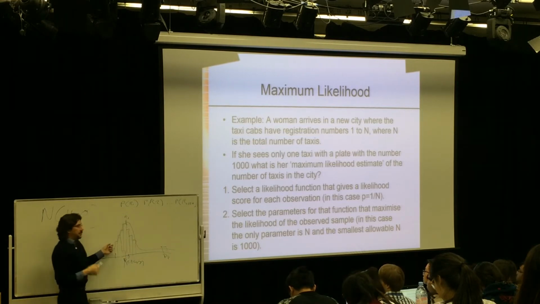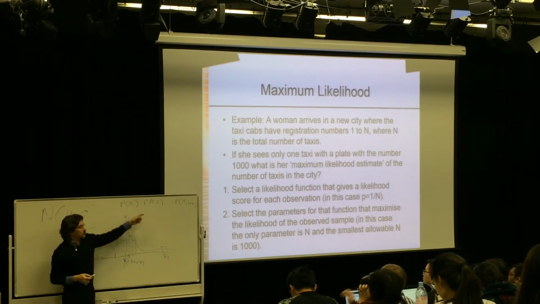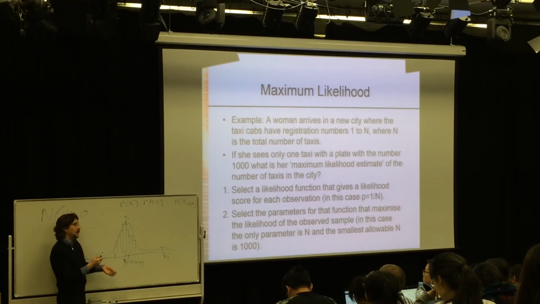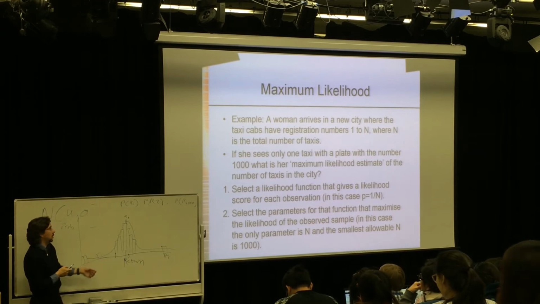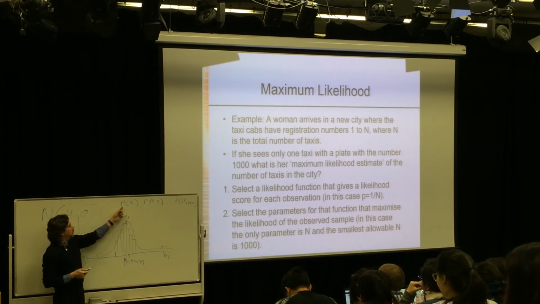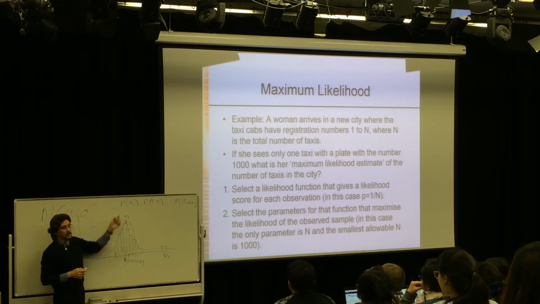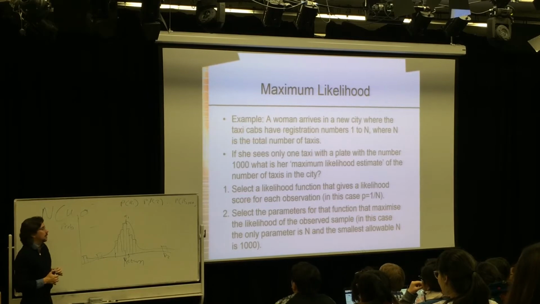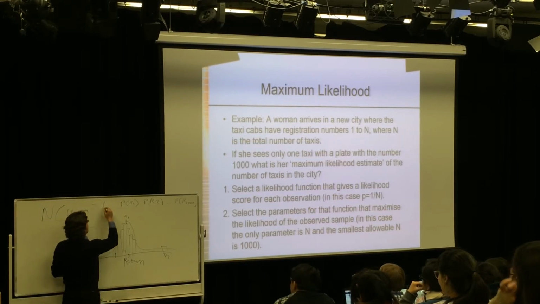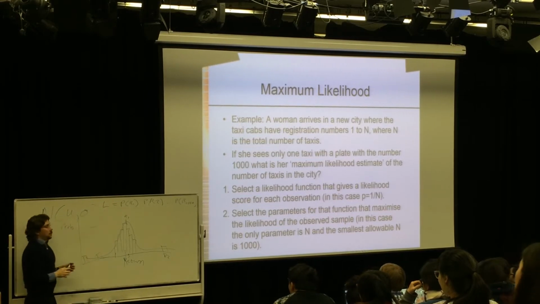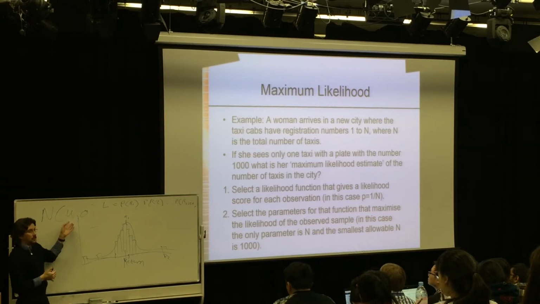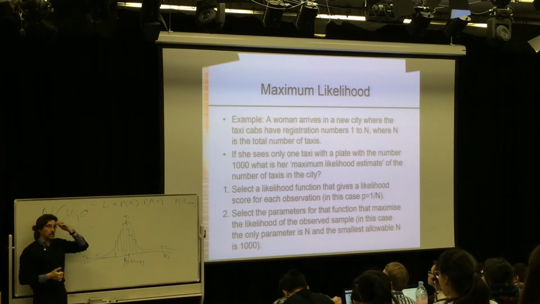The probability of seeing all of those is just the product of the probabilities. So that's a likelihood: the likelihood of seeing all of those returns. When you calculate that probability, you use a distribution. If you change the distribution, the probability will change. What you want is to pick the distribution that maximizes the likelihood value.